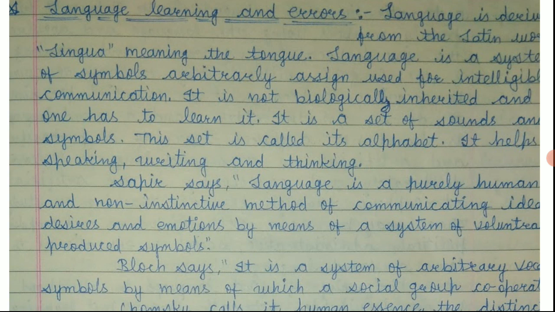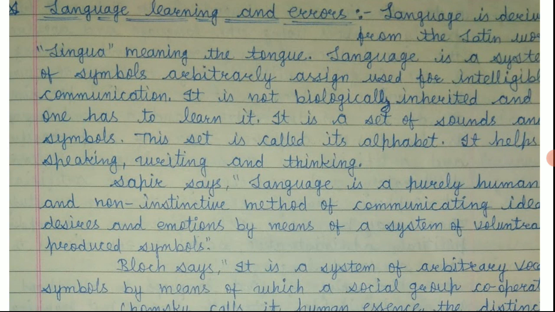Every language has its own grammar, its own lexical items. So we have to learn every language except our mother tongue. We will discuss it in this class. Chomsky calls it human essence, the distinctive qualities of mind that are unique to man.